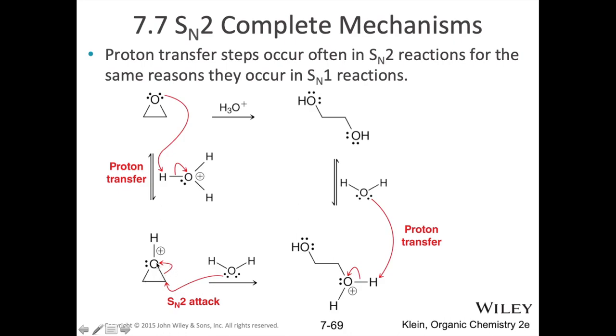Okay. But yeah, so we have an SN2 attack from our nucleophile here, and since our nucleophile is neutral, when we make our final product, the resulting product is positively charged, so a second proton transfer is necessary to make a neutral final product, which is more stable.